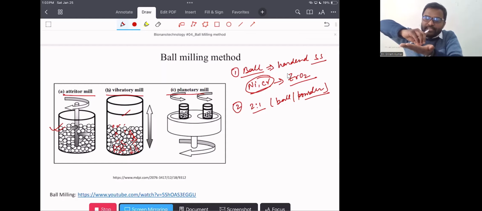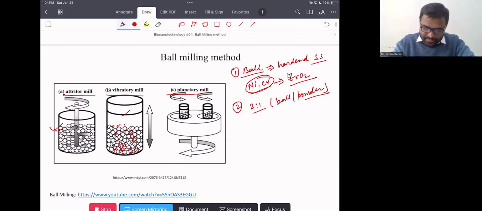So the stage moves this way, and the container on top of that stage moves in this way, so that you have huge collisions between the balls in that container, and some particles collide with the container, and that forms nanomaterial. So these are the working principles of the different kinds of ball milling methods.